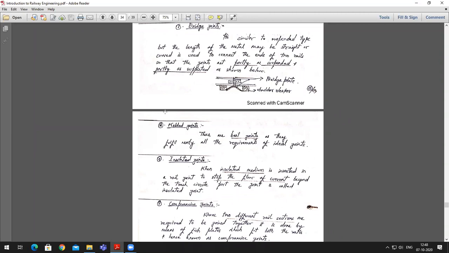Instead, researchers have found that the temperature-related expansion and contraction, the strain that we see in a single rail section, is equal to the expansion and contraction that will take place if you join 4 to 5 rails together.